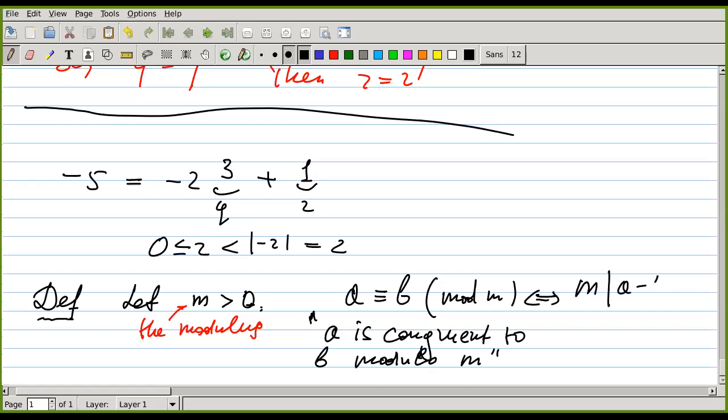The difference of A and B is divisible by M. Of course, it is not the thing you have expected.